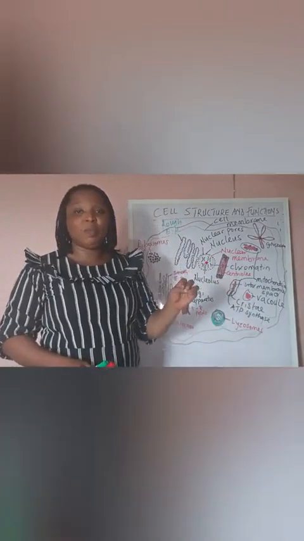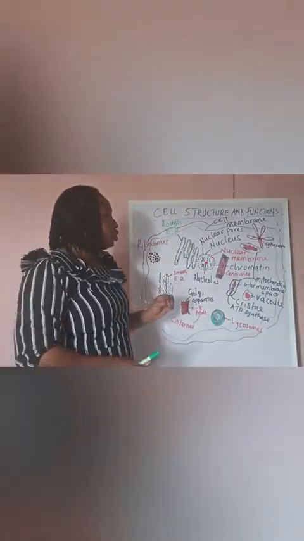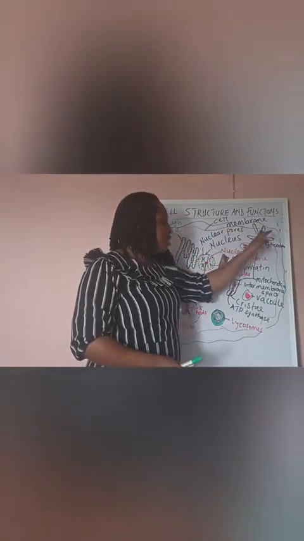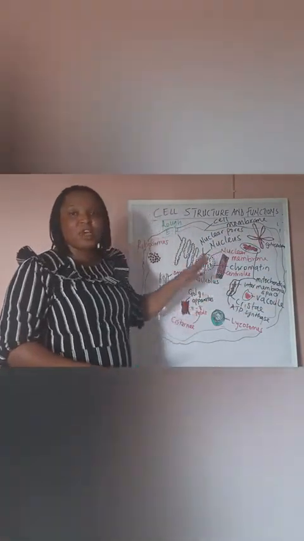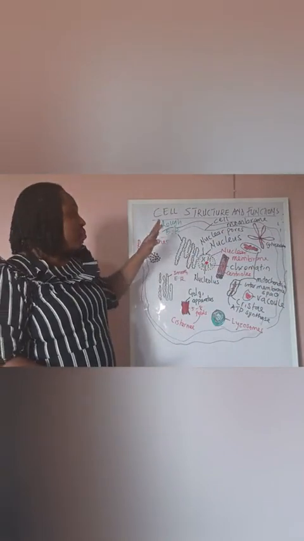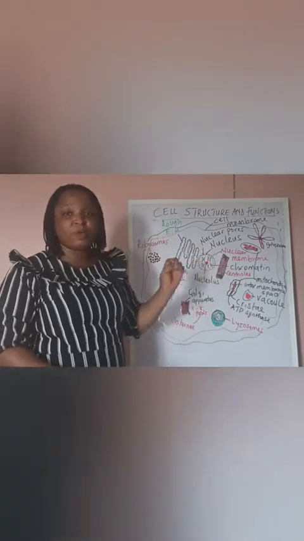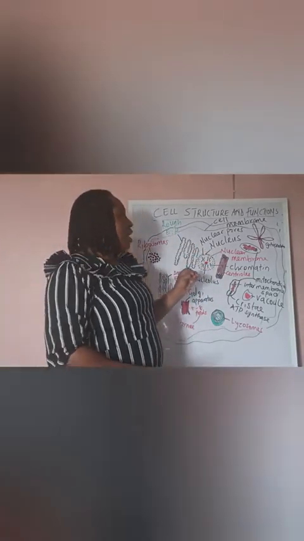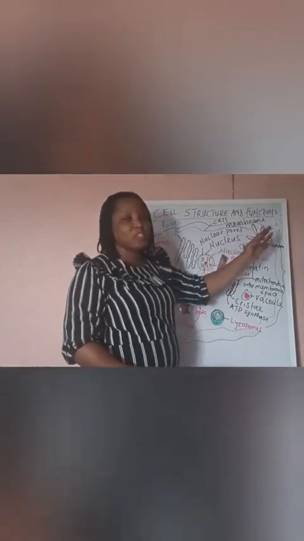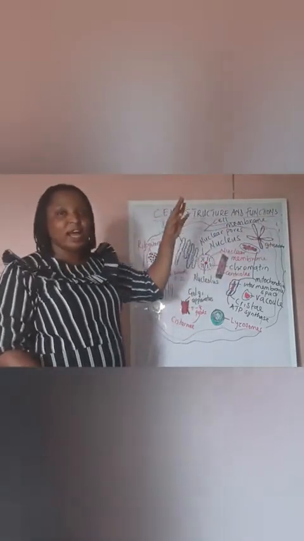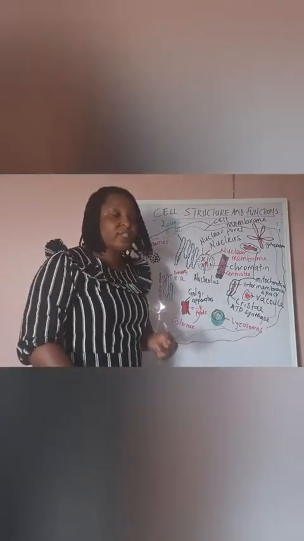This helps the cell membrane to perform its function. So the cell membrane maintains the integrity of the cell because it will allow some materials in and out, and it will prevent some materials from going in and out of the cell. And also it helps the cell to communicate with the environment and the cells in the surroundings.